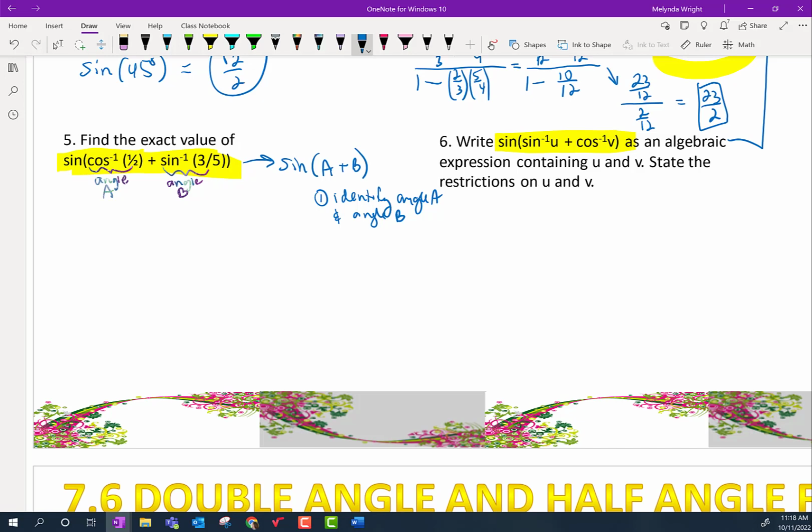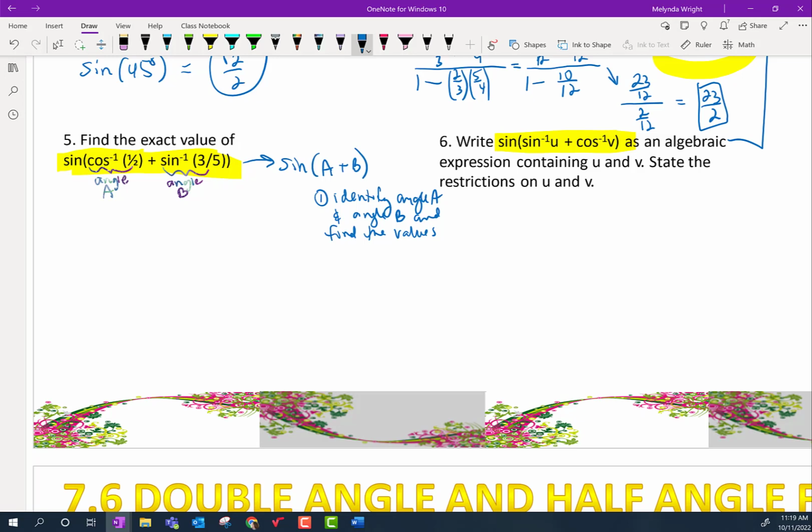Part of identifying them is finding the values. We need to know more than just that it's angle A and angle B. So let's work on that for a moment and get step 1 done.